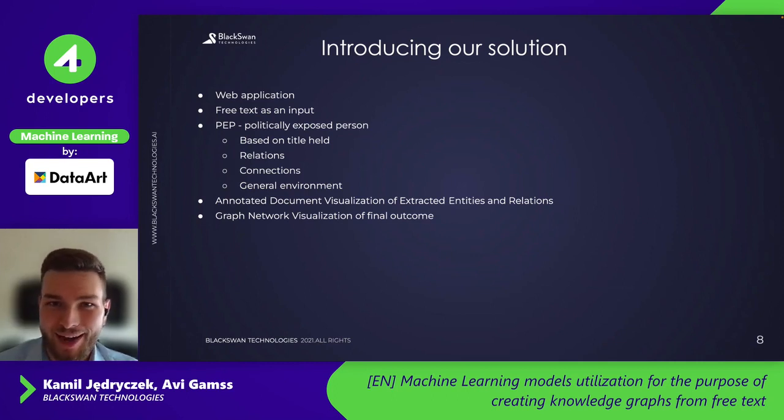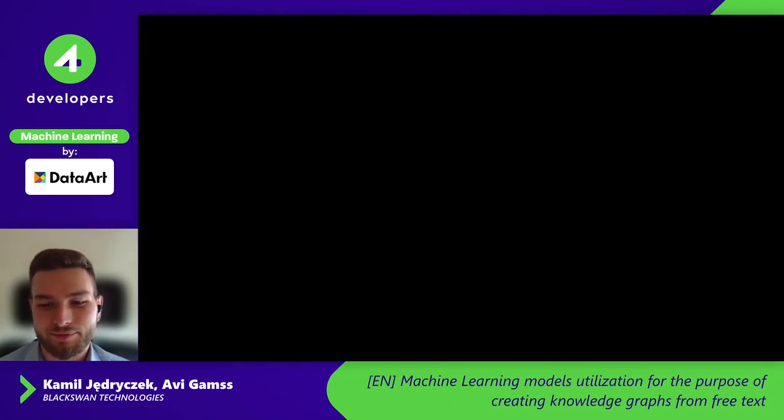But what we really like, and this was the final goal of our project, is the graph network visualization, exactly this knowledge graph visualization that I talked about. So without further ado, I would like to switch to Avi's presentation.